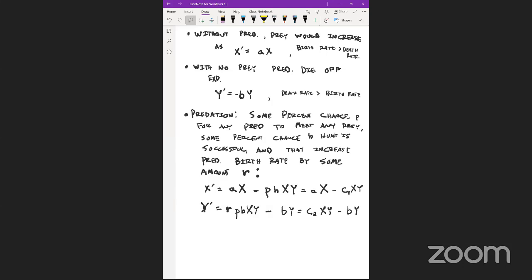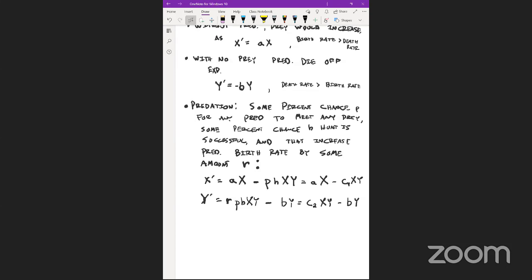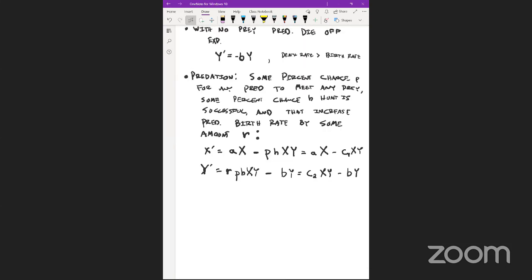Whenever somebody hands you a new set of equations, you should write down some nullclines, you should find some equilibria, you should draw the trajectory diagram, and then the next step is that we should classify the equilibria. These should really be the steps that you follow.